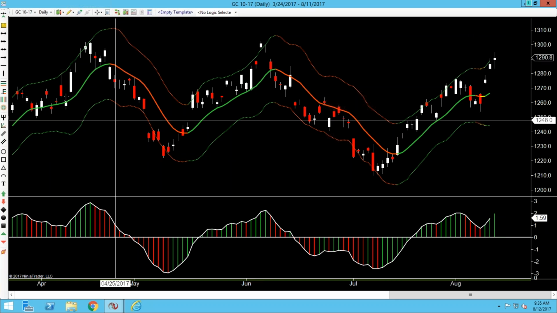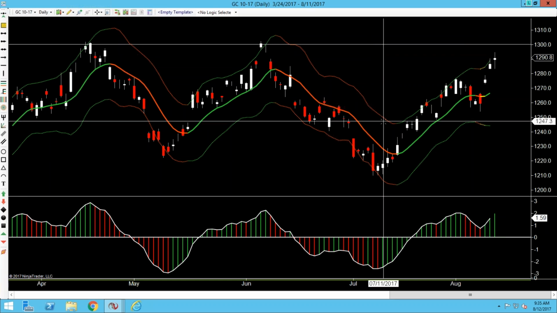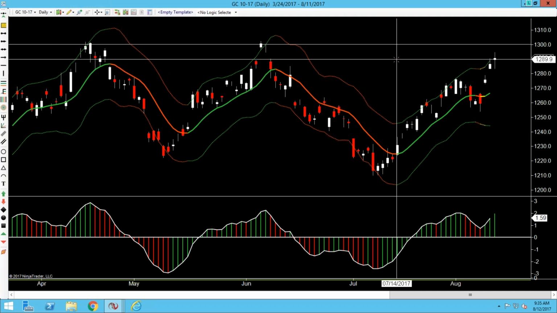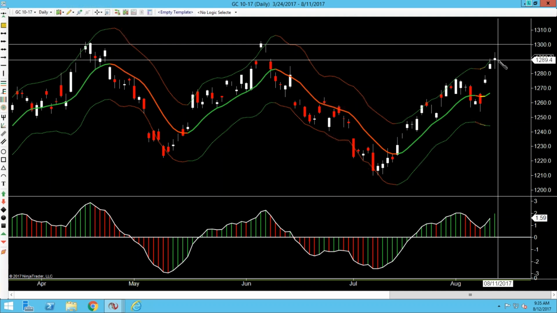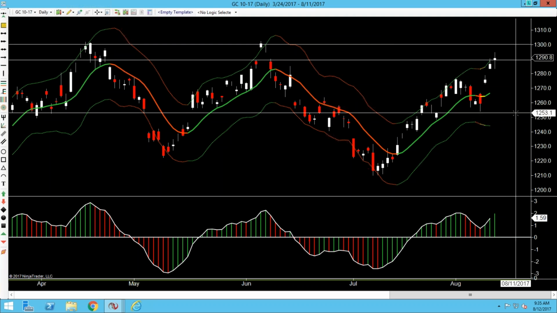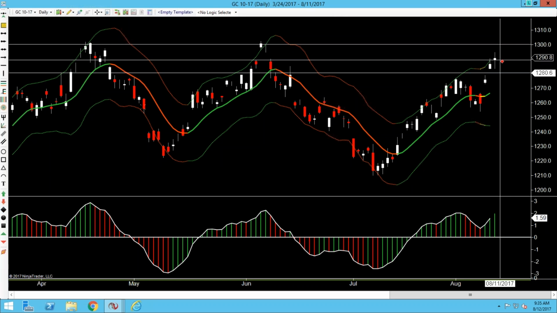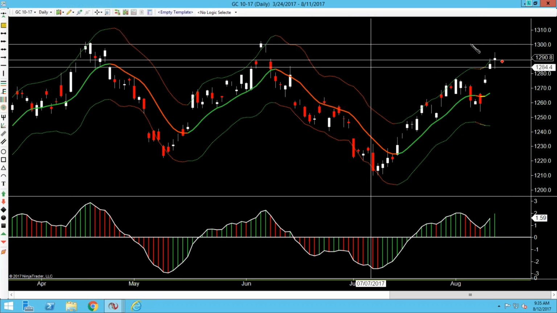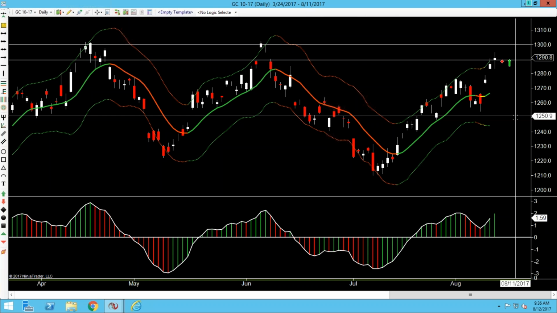I know that that's a target for a lot of people. So keep your eye on 13 to the upside and be aware of where any time price crosses that open of the previous day, because that'll be a trigger for you to the downside and upside with a target here at 1300. First target.